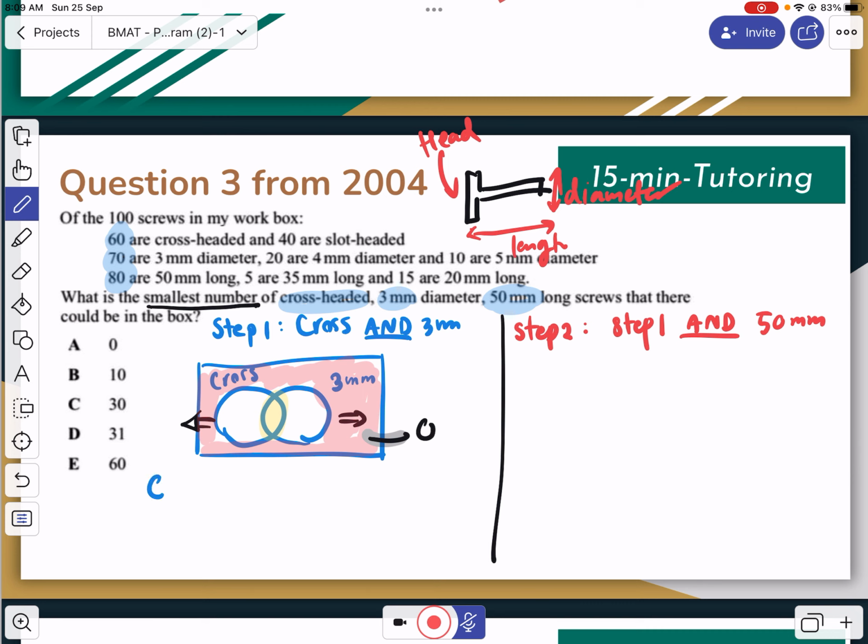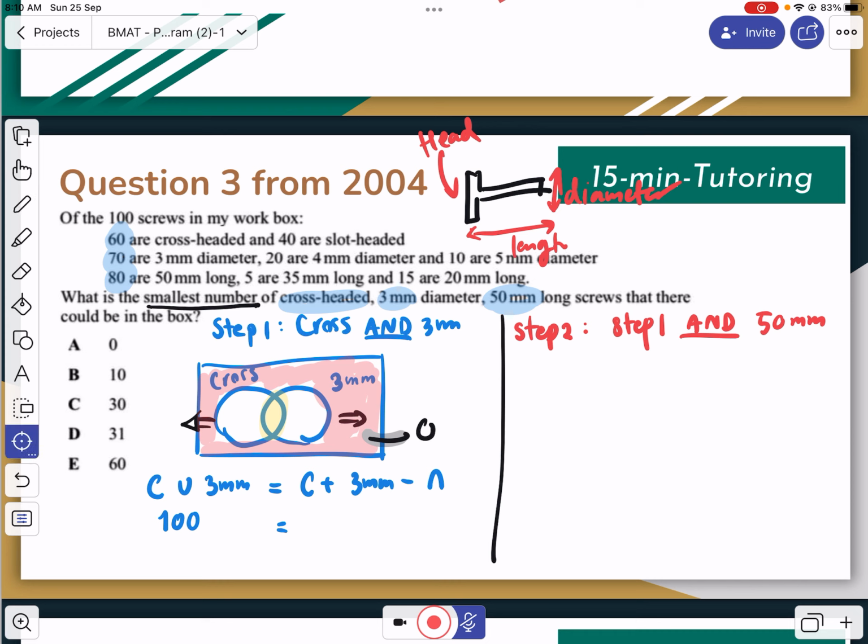So cross-headed union 3 mm should give us everything, 100 screws. Now, if you're confused about this, I encourage you to watch the first video because that went over an example on this subject. So C union 3 mm will again be C plus 3 mm minus the intersecting area.